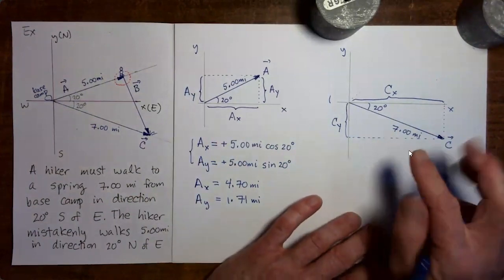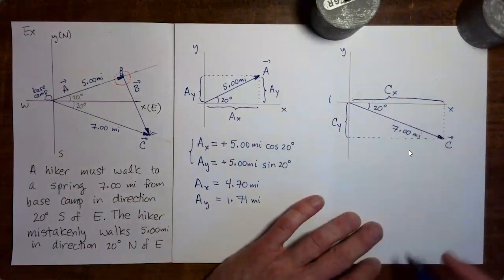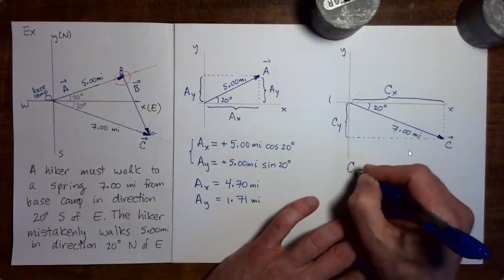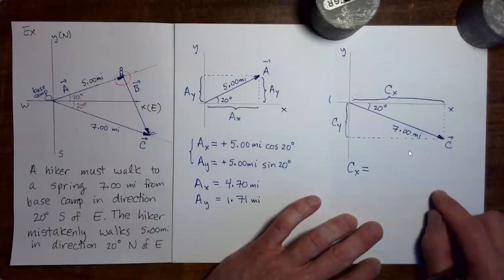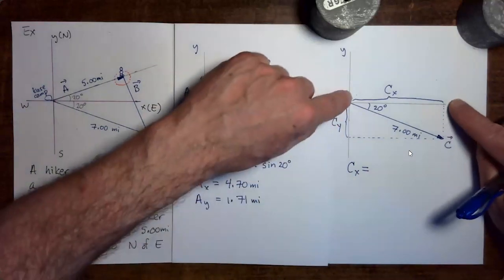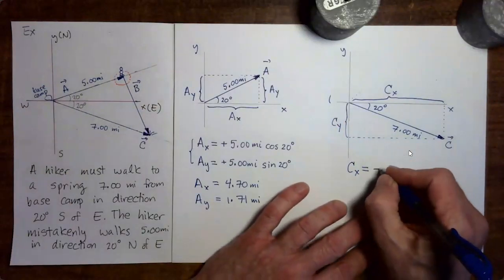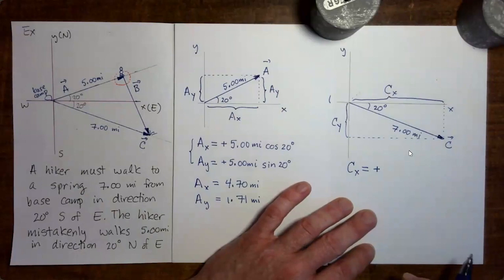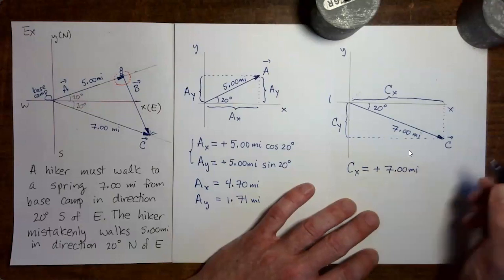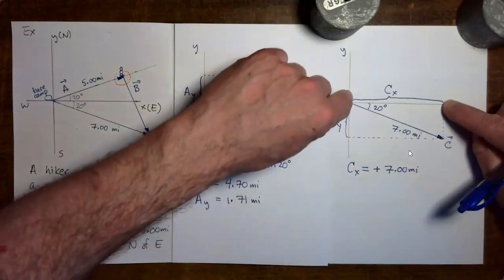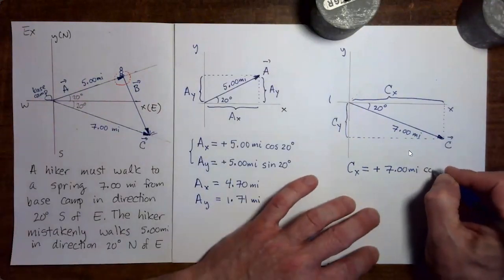Now we want to write down expressions for the x and y components of vector C. So same as before, for each component, we're going to write down a plus or a minus, then the magnitude of the vector, then a sine or a cosine. Now, C sub x, you can see it lies on the plus x-axis. So I can put a plus sign, or you can leave it out if you like. Then I put the magnitude, which is 7 miles. And then you can see that C sub x is adjacent to the 20-degree angle, so I'm going to use a cosine.